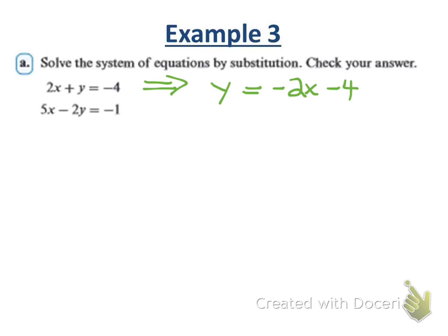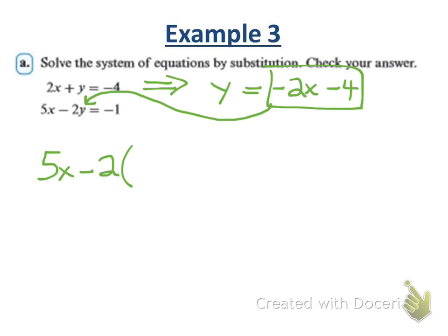Now I have y isolated, which means this value can be substituted into the other equation in the place of y. Excuse me. 5x minus 2 times y, which is negative 2x minus 4, equals negative 1.